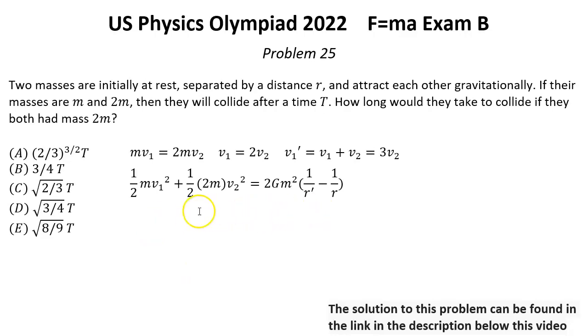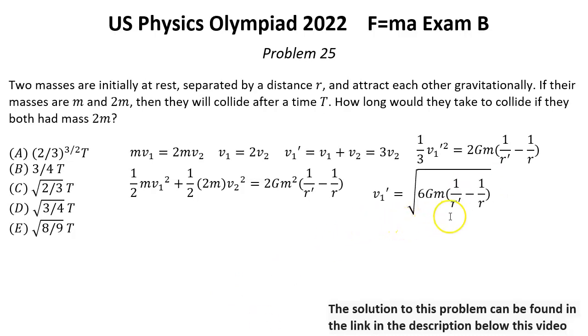Now we can use expressions for v1 and v2 and find that 1/3 v1 prime squared equal the change of energy. Here we have r prime, the current distance between masses, and finally we have v1 prime equal this square root.